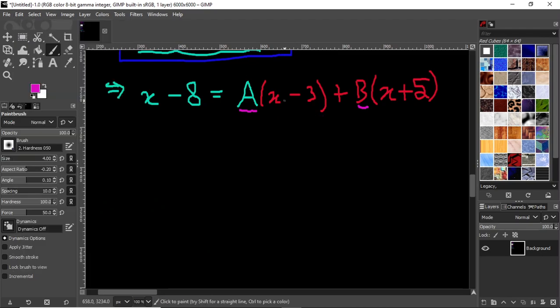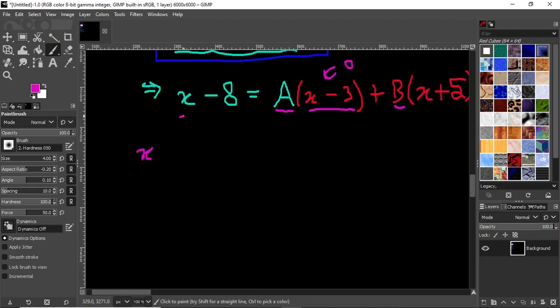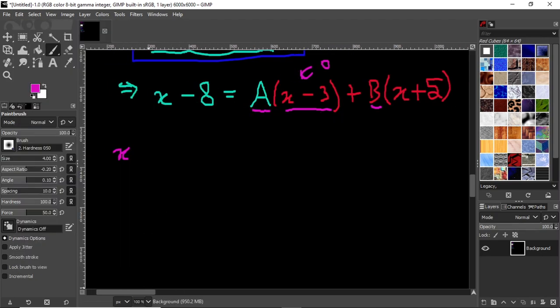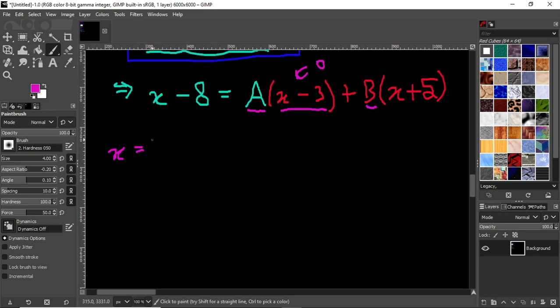So what I mean is, x minus 3, what would make this 0? x equals 3, right? So this is basically an identity, a math identity, so I can substitute any value of x I want. There is nothing stopping me from that.